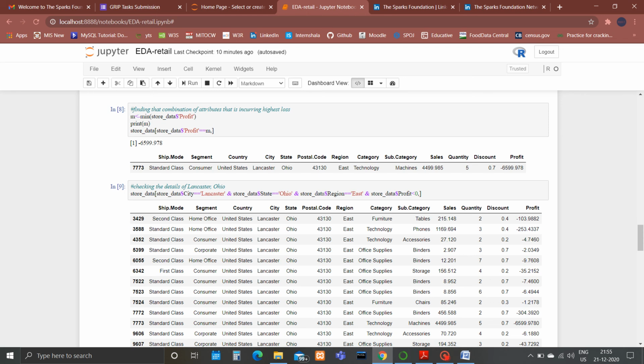Then for that combination, Ohio, Lancaster and the region east, we are printing for which combinations we are getting losses.